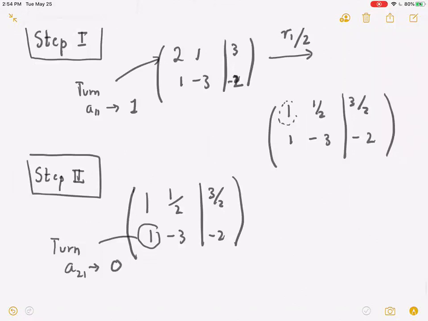Turn that into 0 somehow with some application of elementary row operations. So if you think about it, you want to add to that 1 a -1, because that'll turn it into 0.